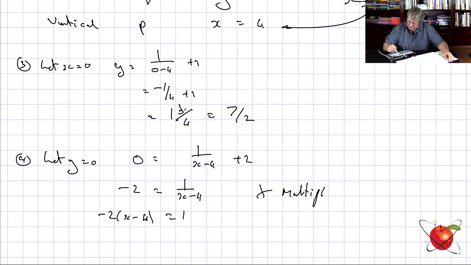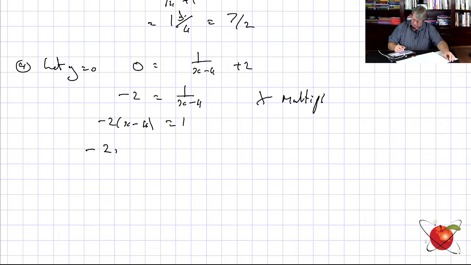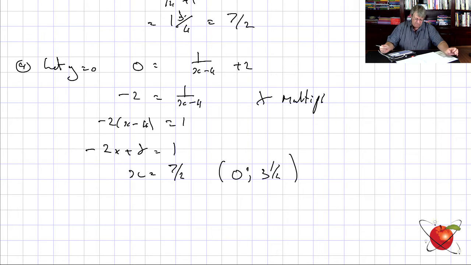Multiply it out: minus 2x plus 8 is equal to 1. And eventually we solve and we get x equals 7 over 2. All right. The point is 0 and 3.5, 7 over 2.